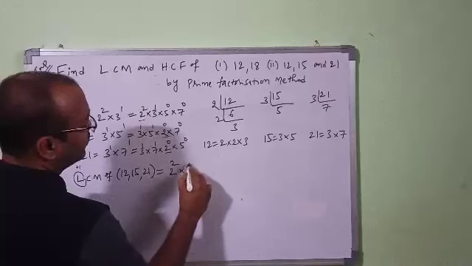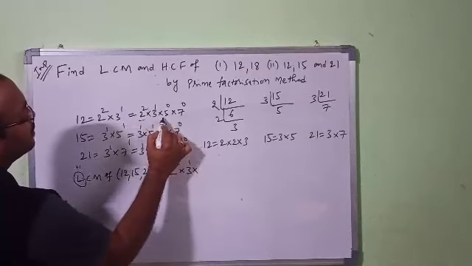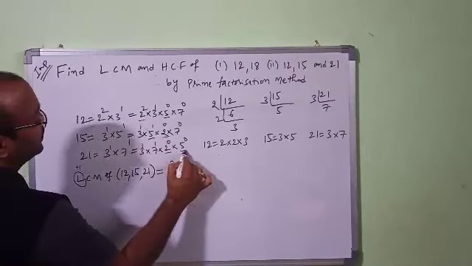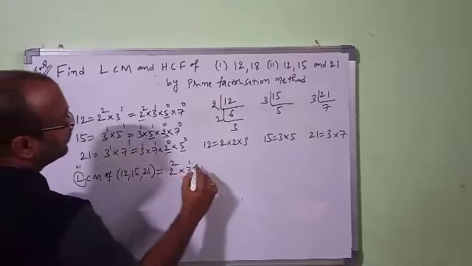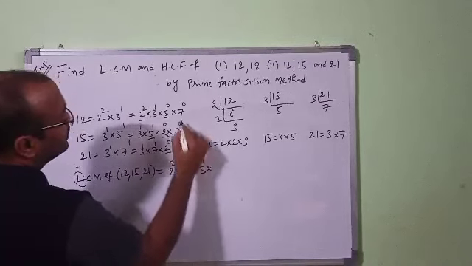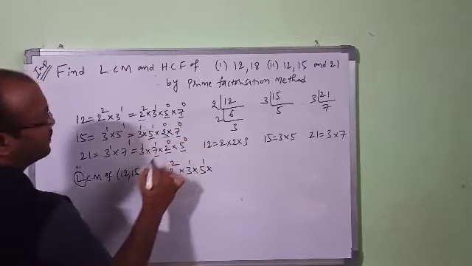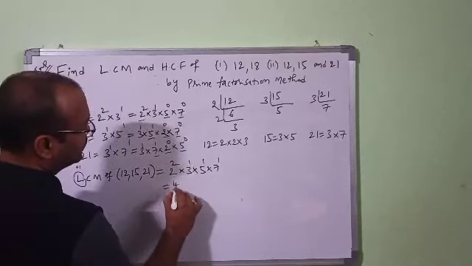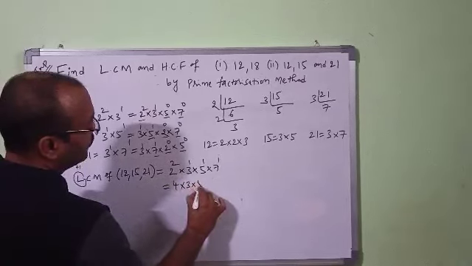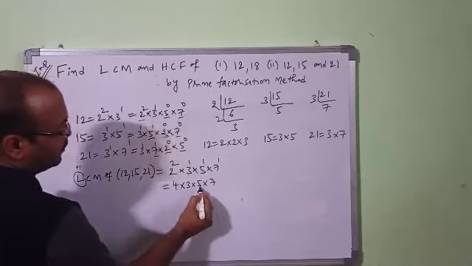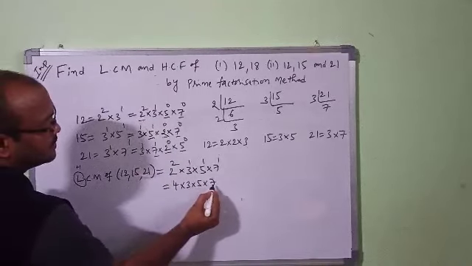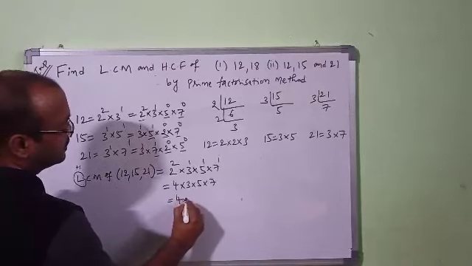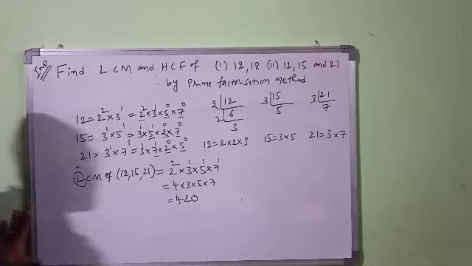So 3 power 1. For 5 power 0, 5 power 1, 5 power 0, we want the highest, so I am taking 5 power 1. For 7 power 0, 7 power 0, 7 power 1, we want the highest, so I am taking 7 power 1. So 2 square is 4, times 3, 5, 7. 5 fours are 20, 20 threes are 60, 60 sevens are 420. This is the LCM.